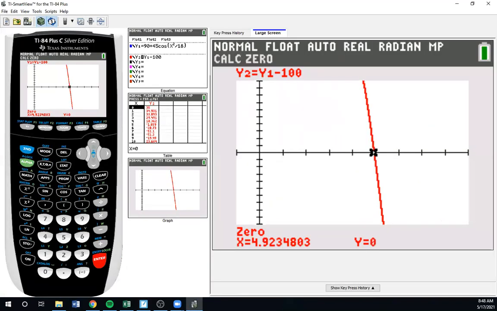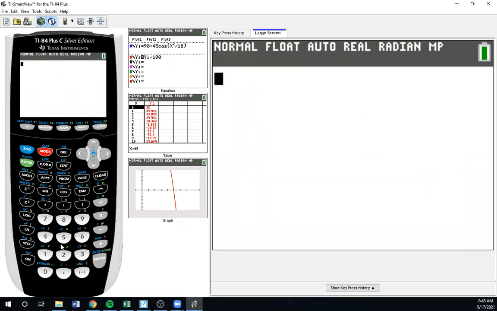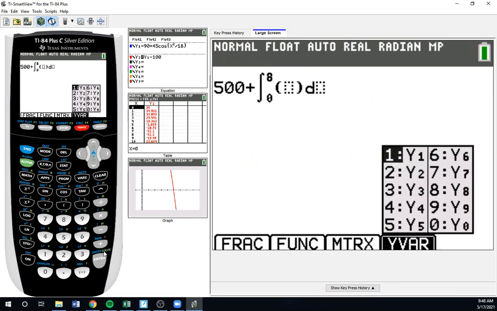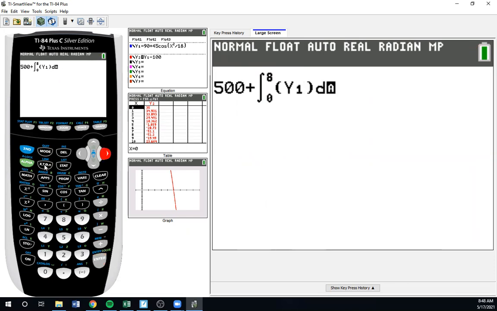So I'm going to do that as 500 plus math 9 for FNINT from 0 to 8 of my function in y1 dx. And then minus 100 times 8 is 800.